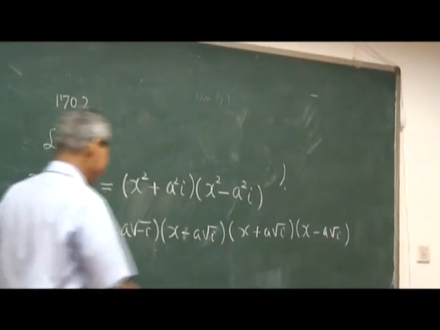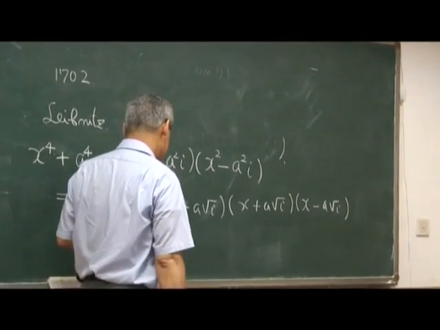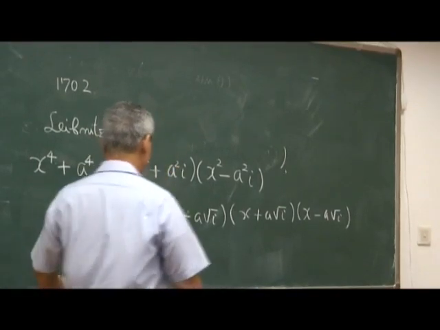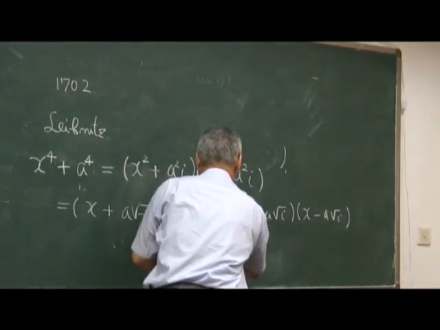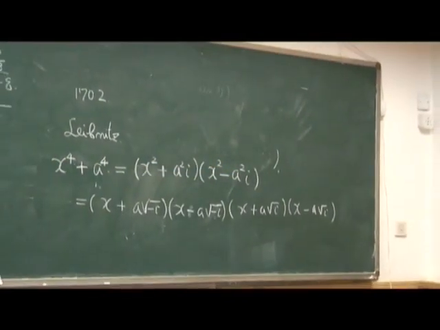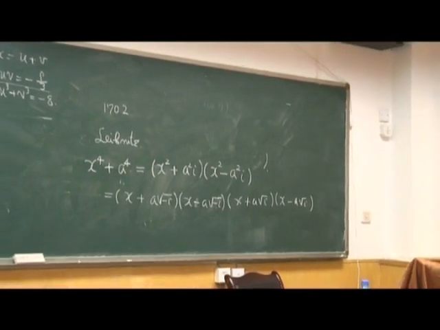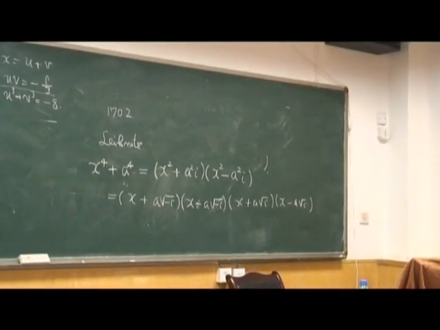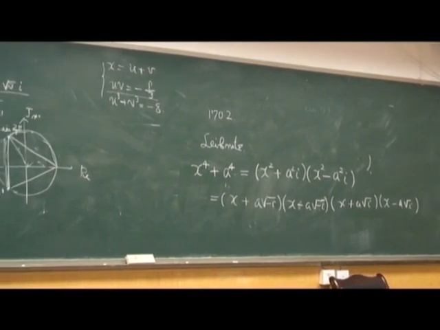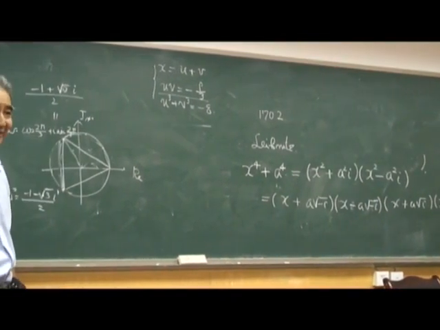You missed a minus. Where? In the second bracket. Oh, yeah, sorry, thank you. This is minus i. And then he claimed that looking at this formula, it's impossible to express this as real polynomials.